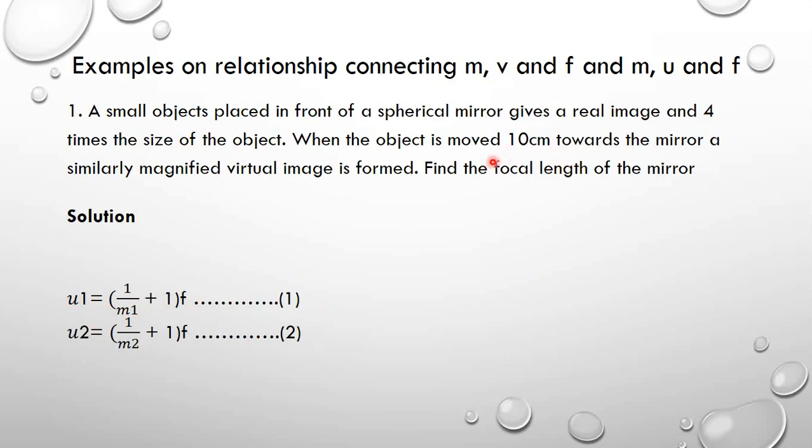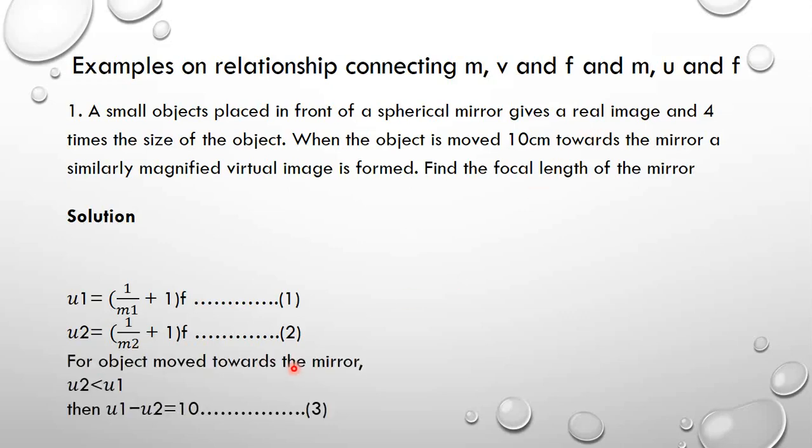Now since they have said that it was moved towards, it means that u2 is smaller than u1. u1 is greater than u2. And so we shall subtract u2 from u1, which will give us 10. So let us subtract equation 1 minus equation 2 and make f the subject, since we want the focal length.